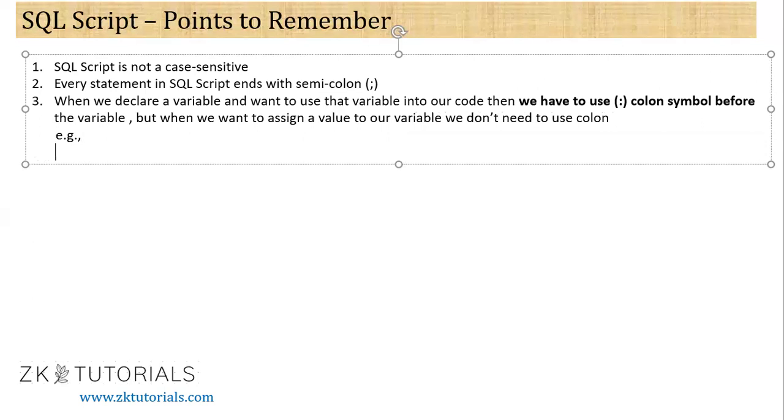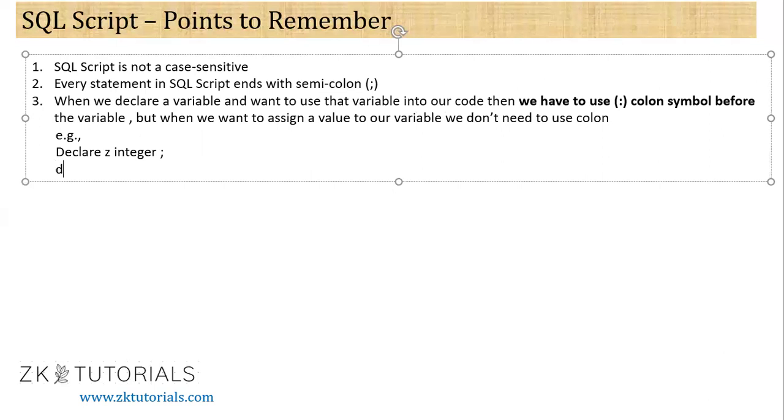For example, declare a integer. Then I will declare b integer, and each line will end with a semicolon.